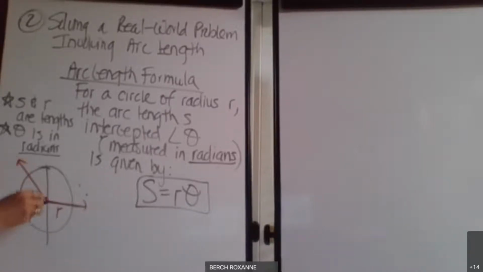And this would be your angle. This right here would be the arc that's associated to that angle. So that's S. So there's your radius right there, that segment. There's your angle, and that's your arc length associated to the angle.